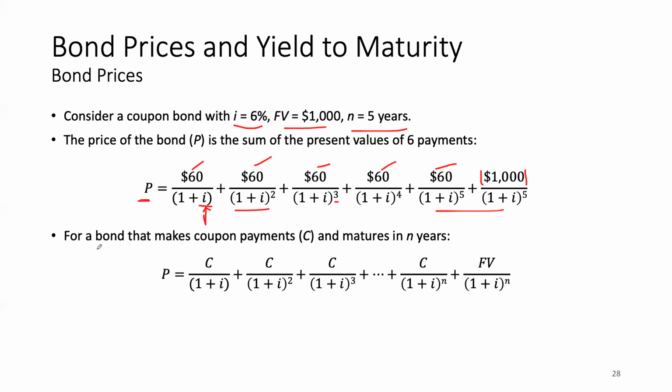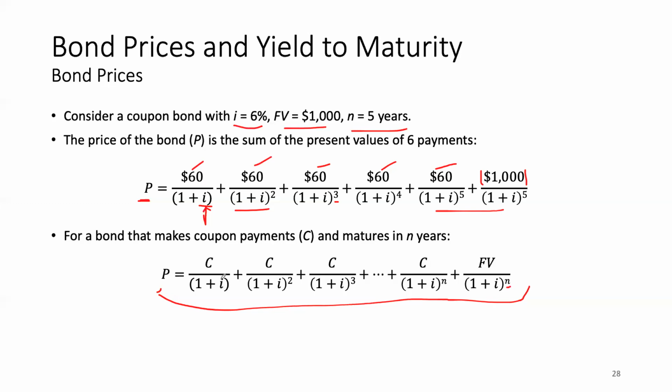For a bond that makes the same coupon payment and matures in N years, the present value of those coupon payments and the face value that pays off, which is what we call the price of this bond, is determined by this simple formula here, right? Each coupon payment is discounted by how many years I have to wait for it. And then the face value is discounted by the length of the maturity, so 1 plus i raised to the maturity time for the bond itself. Okay.